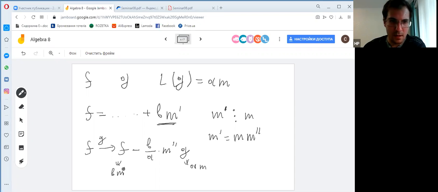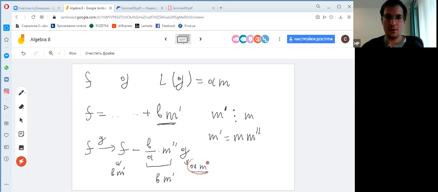When we have the product of this and this, it should be equal to b times m prime, and these terms annihilate each other, so we can cancel these two terms, and we have a polynomial f without this term and with some smaller terms, because this is the leading term of the polynomial g.